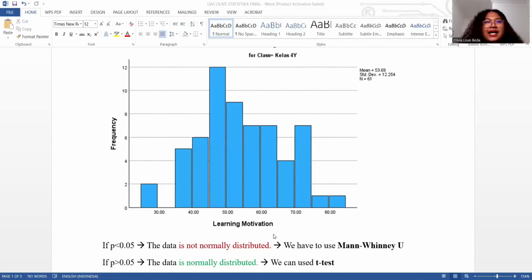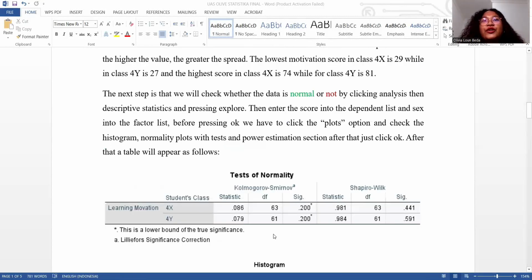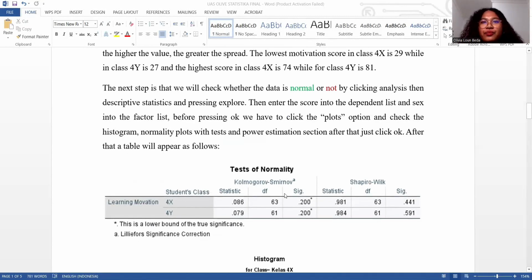Let's analyze our normality table. We have to focus on the Sig column, between the Kolmogorov-Smirnov and Shapiro-Wilk. For Kolmogorov-Smirnov, the p-value is 0.200, which is above 0.05, so it is normally distributed.